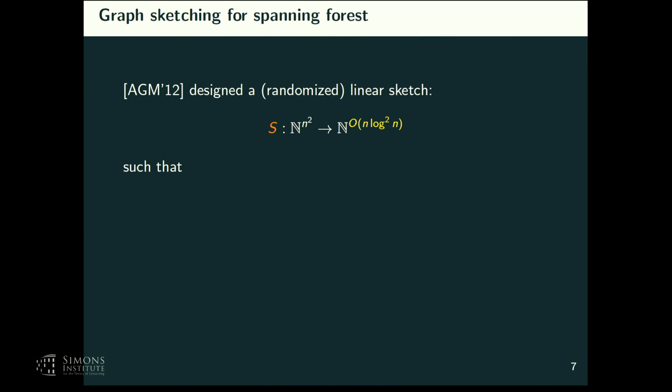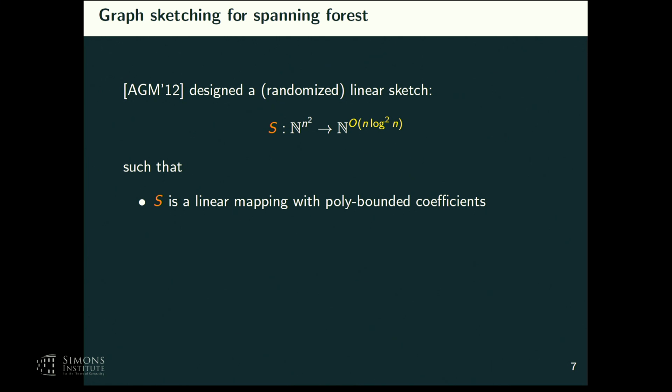So the most important part of the upper bound is probably a linear sketch that the Adrian paper designed: a randomized linear sketch that maps a graph, which can be viewed as an n squared dimensional vector, into a much shorter vector of length n times log n squared, such that this is a linear mapping with polynomially bounded coefficients, which means in the output of this mapping, each coordinate has polynomially bounded integers, which means you can encode each coordinate using log n bits.